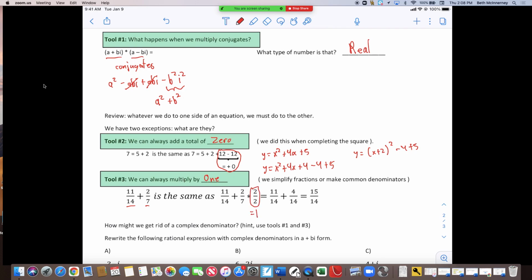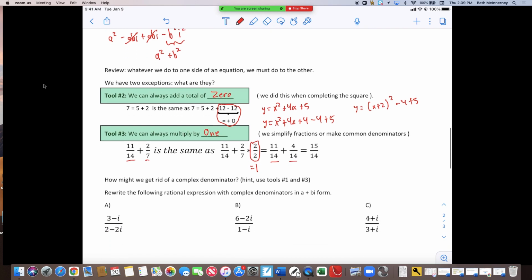Because 2 over 2 is equal to 1, right? But what it does is then it gives us common denominators so that we can add them together into one term, okay? So I want you guys to think of each of these as tools that we've been using already in math, and now we're going to apply them in a different way, with complex numbers.